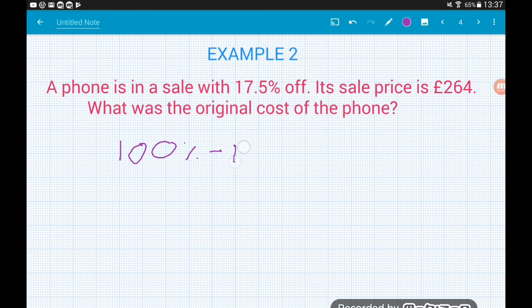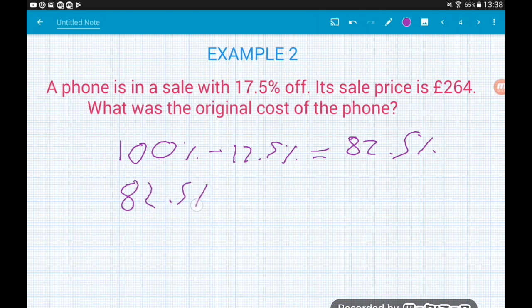So if we take away 17.5% from 100, it will leave us with 82.5%. So that tells us in the sale, the phone costs 82.5% of its original price. So that tells us that 82.5% of its original price is £264.